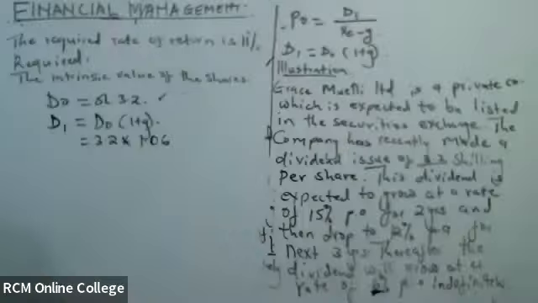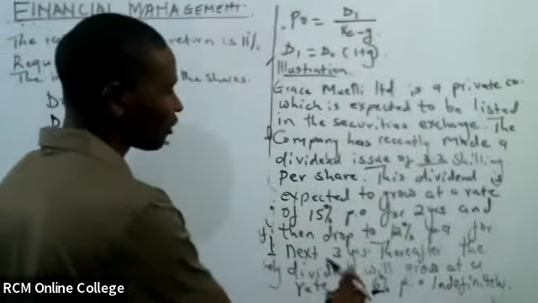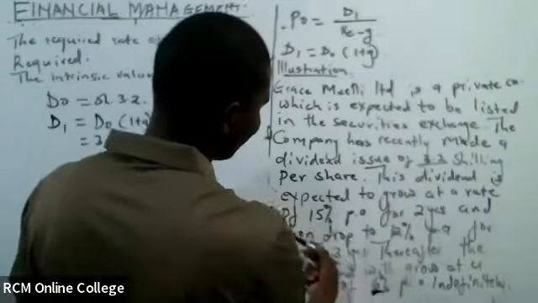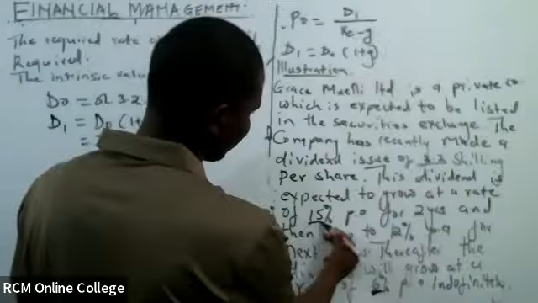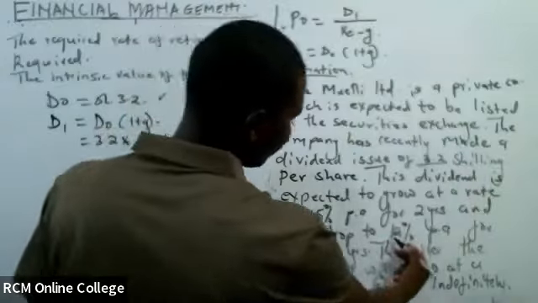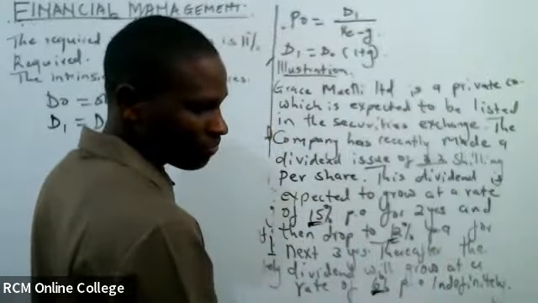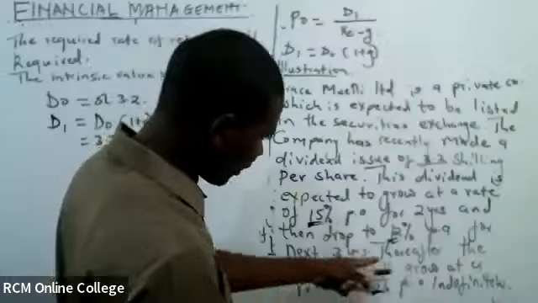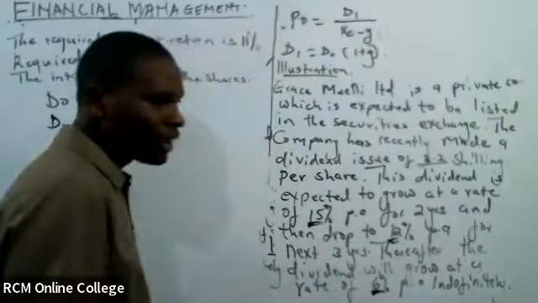So we need to keep on looking at our question. We had 15 somewhere. We have this growth for year 1 to 2, then the growth up to the third year, and then we have the last one. So we have three growth rates.